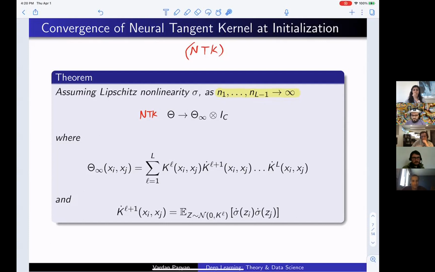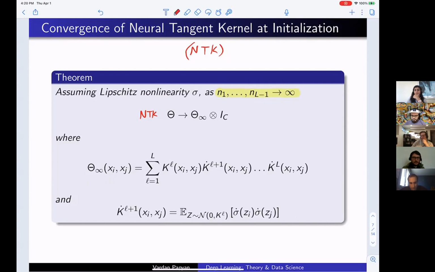Now, the next part of the theorem says what L is. IC is an identity matrix of size C by C. Neo asks, where does the tensor product with IC come from?